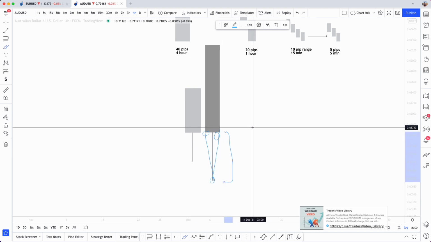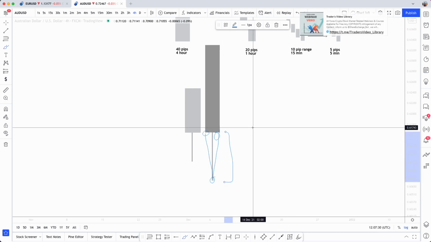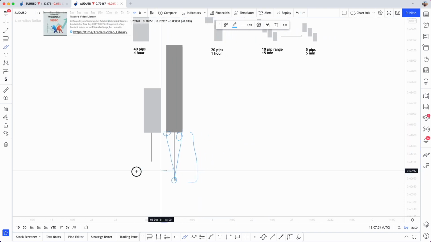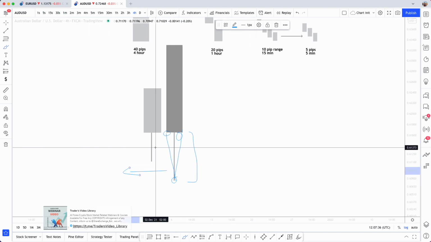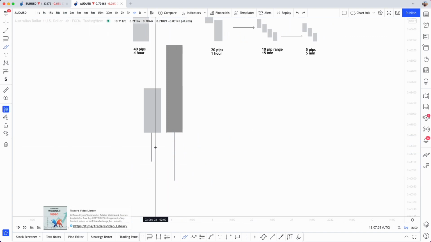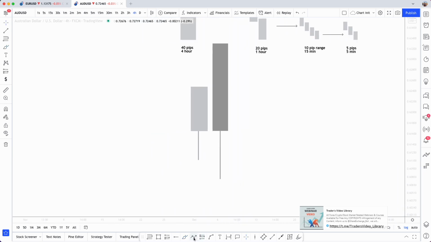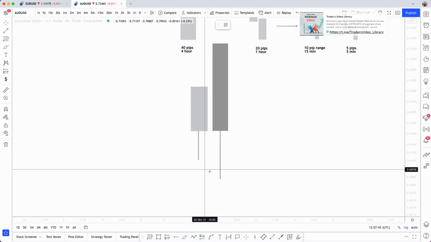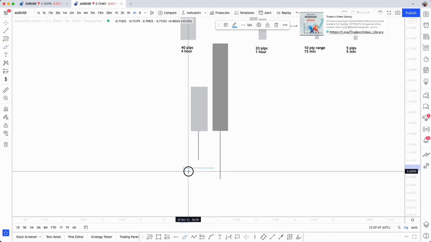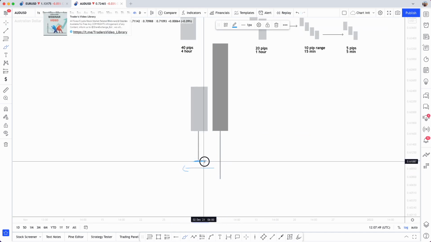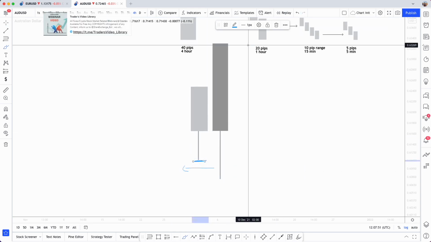However, we have one major rule for this, which will completely invalidate it if it's not there. It has to grab liquidity from the previous candle. So how this works is, this wick, and you always need to look to the left, it's never to the right, needs to grab liquidity from the previous candle, which it has taken here, and then we have that impulsive move.